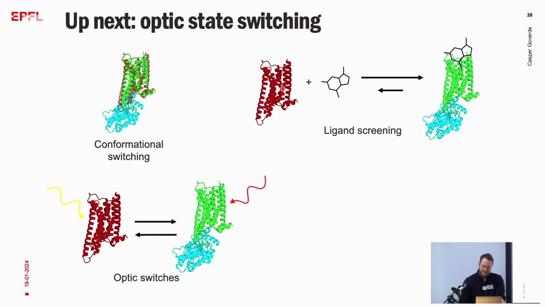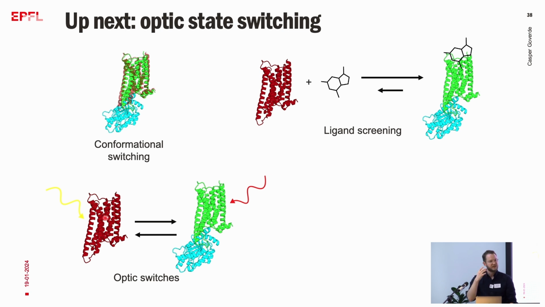Then thirdly, now it's time for me to hallucinate a little bit. We can go even further. One of the very interesting GPCRs is called rhodopsin, which can be found in eyes. Rhodopsin has a small molecule in there, which is sensitive to light.